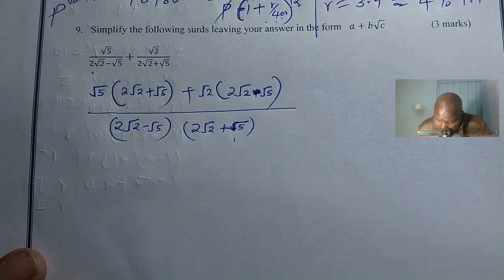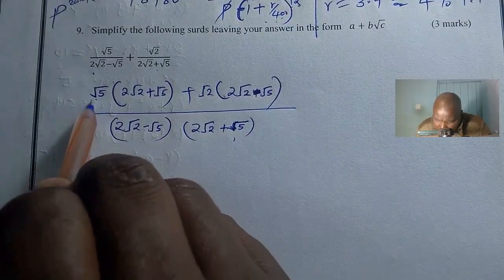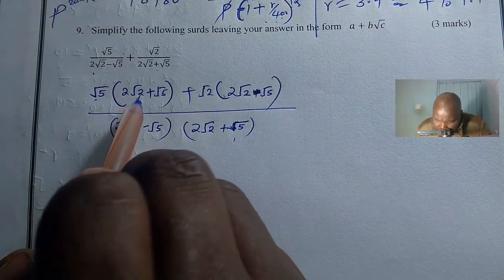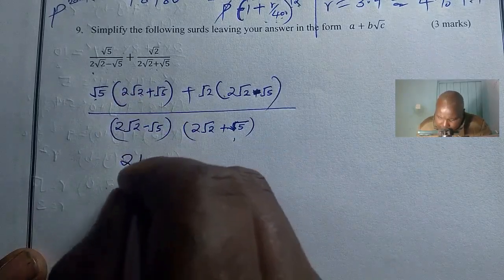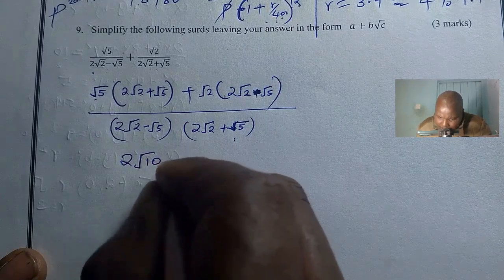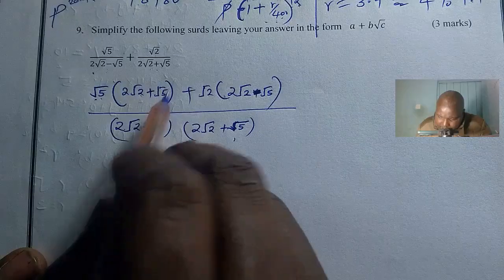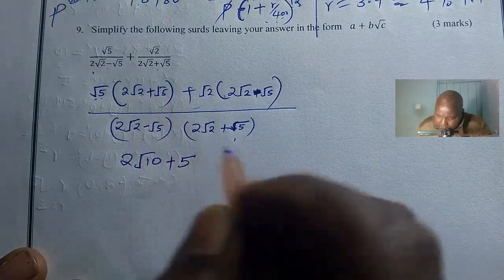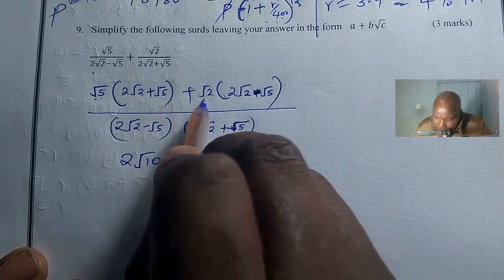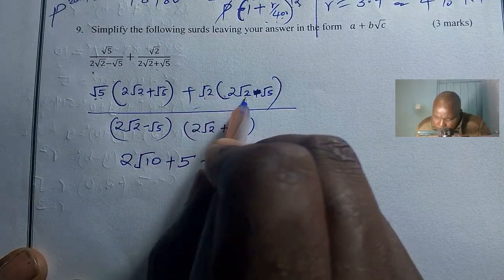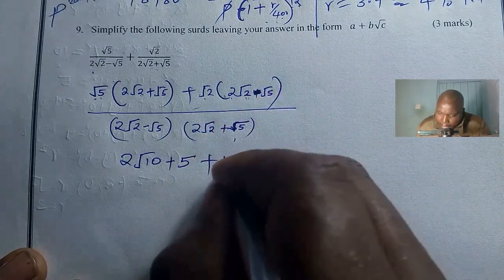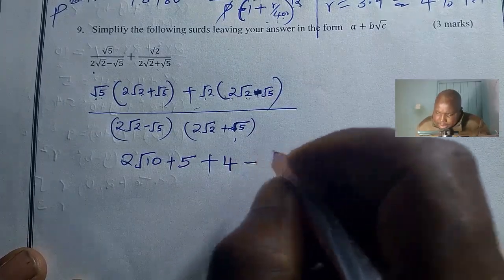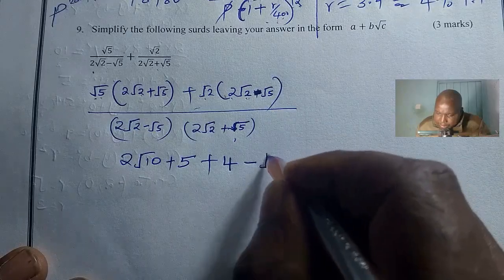So let's multiply 5, root 5 times root 2, we are going to have 2 root 10 plus root 5 times root 5, that is 5, plus root 2 times root 2, that is square root of 4 is 2, 2 times 2, 4, minus root 10.